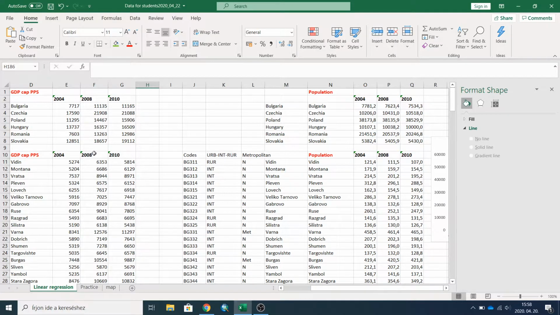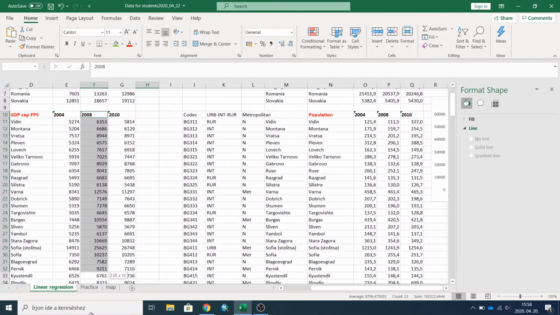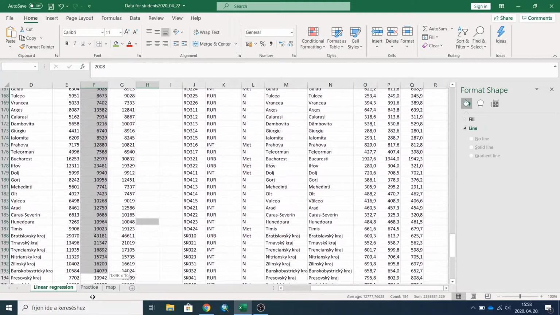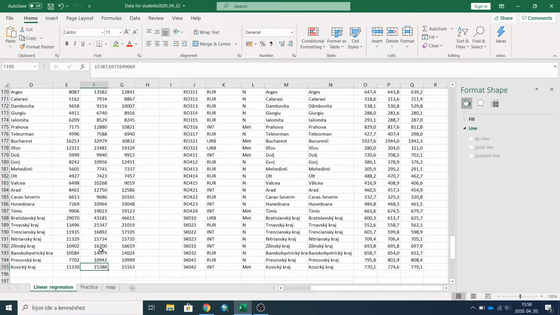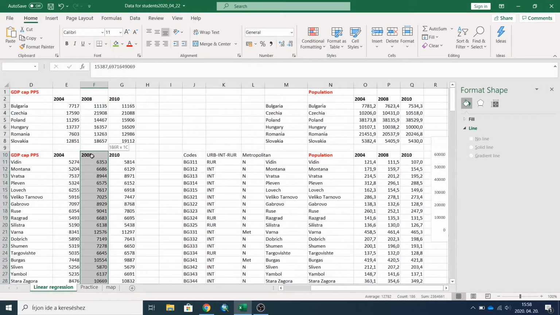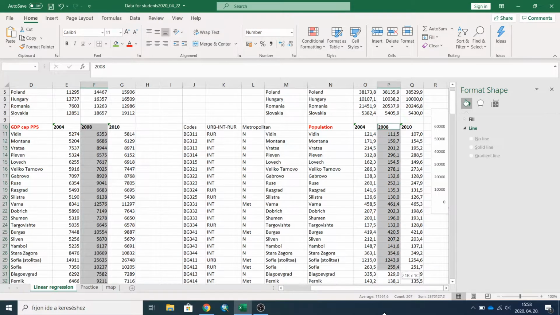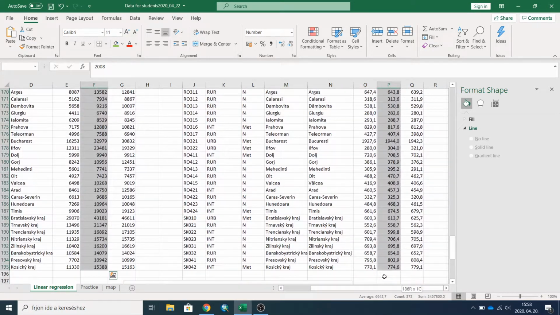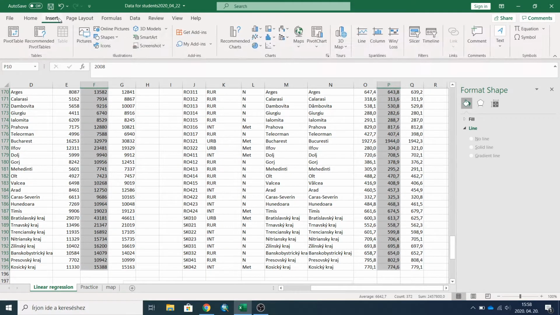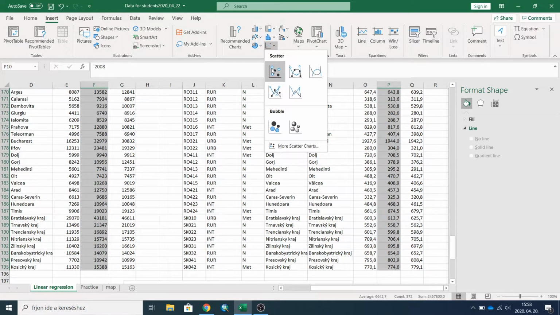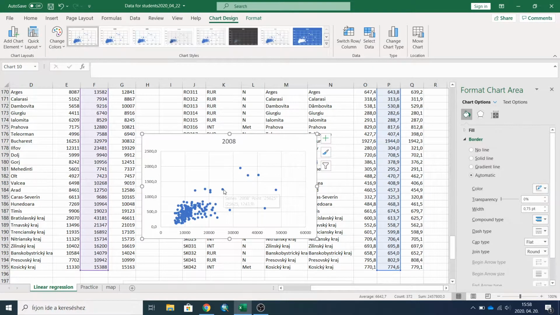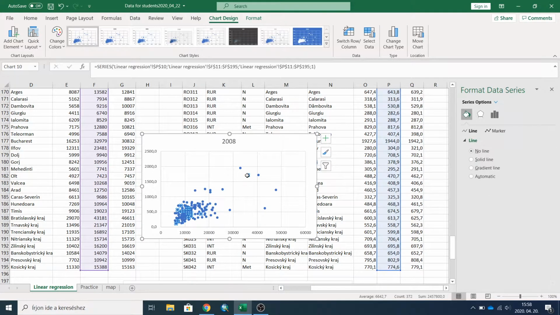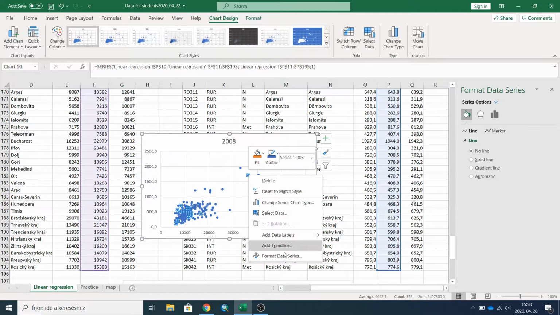What is the determination factor? Let's find out. 2008. The calculation is not hard, interpretation is harder.